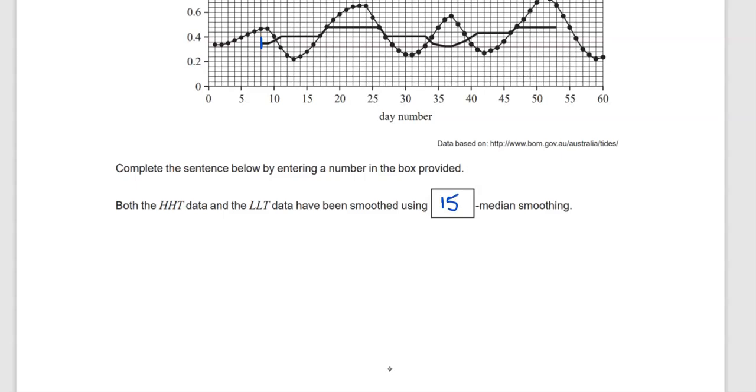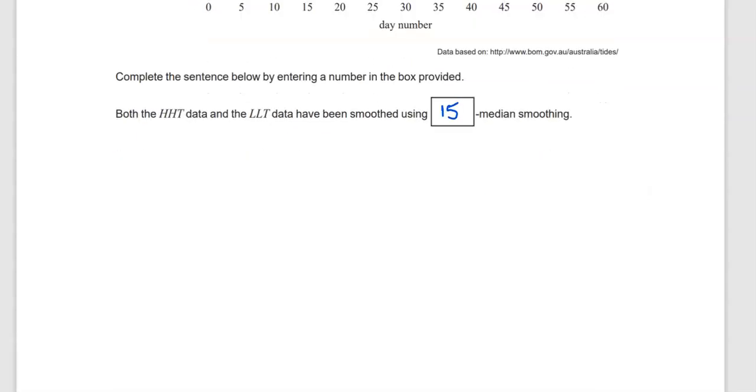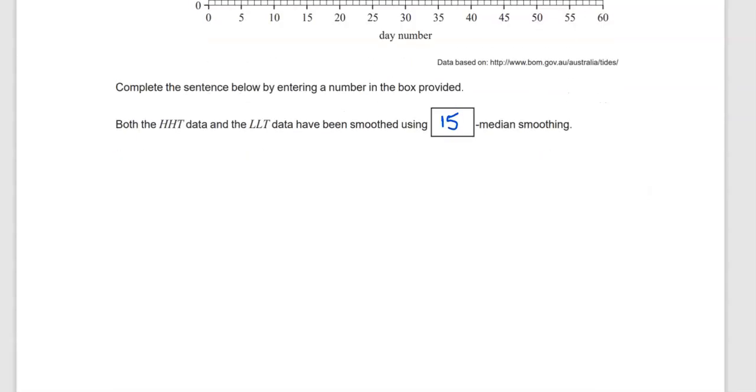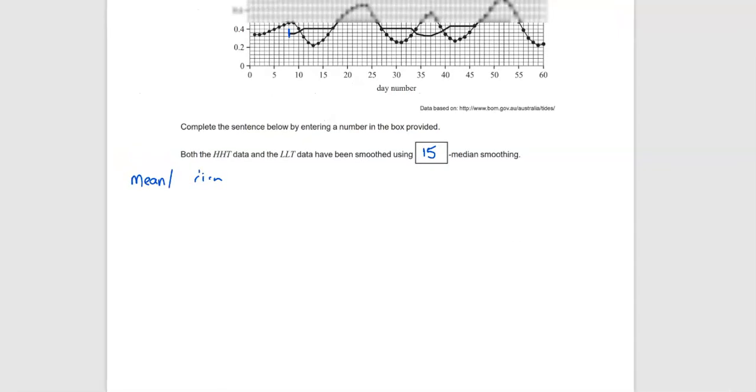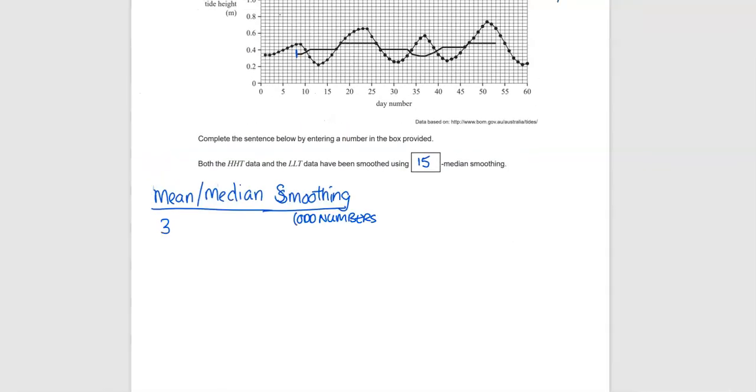All right, so I think this is sort of a new question style, so I wanted to write down a little bit of a summary. If we have mean and median smoothing with odd numbers, say we had 3 median smoothing, we would lose the first and the last value. So you pretty much lose 1 each end.